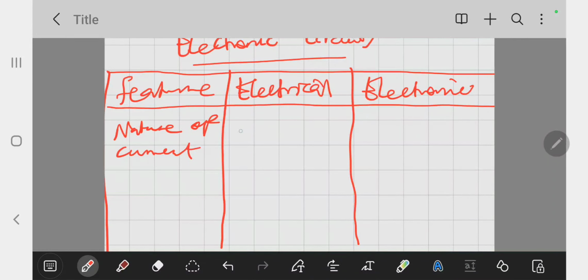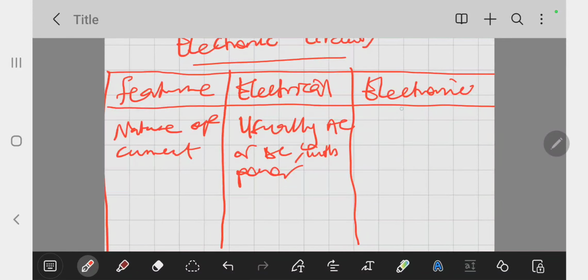In an electrical circuit, the type of current found is usually AC, or you can have DC, but it will usually have a high power.